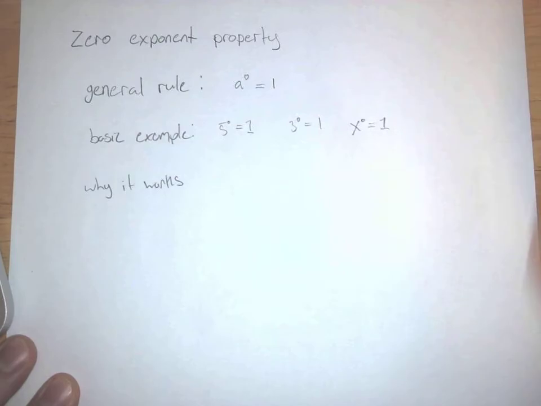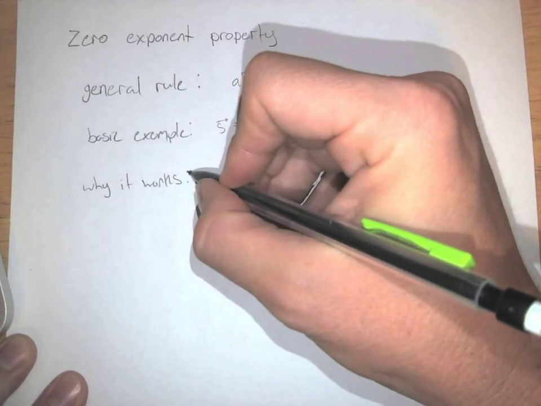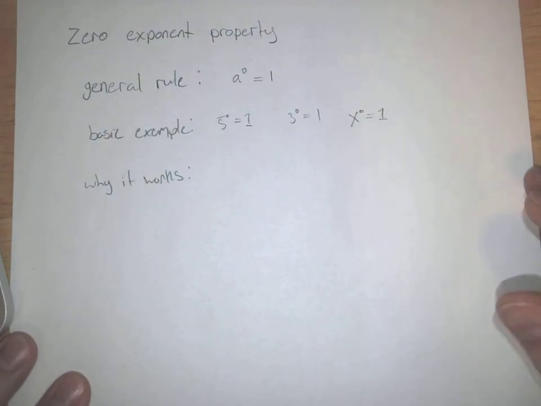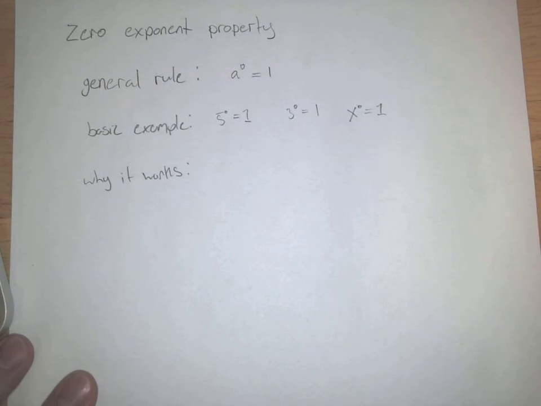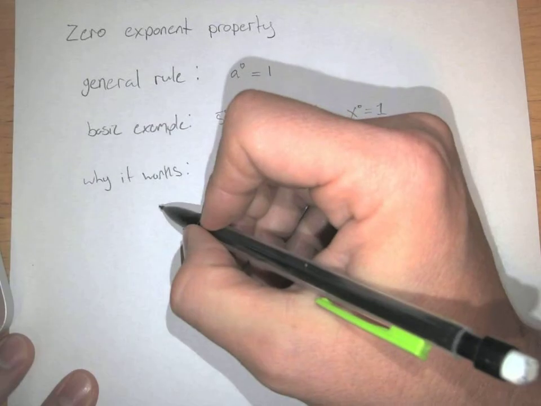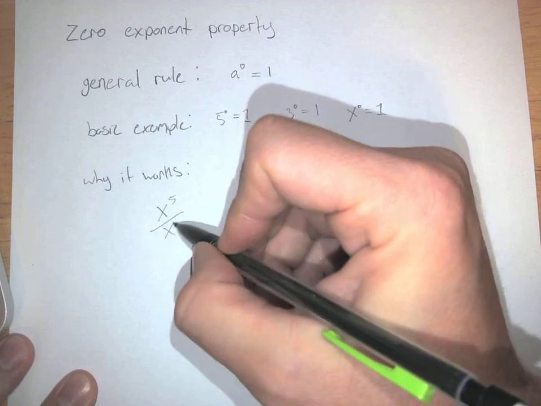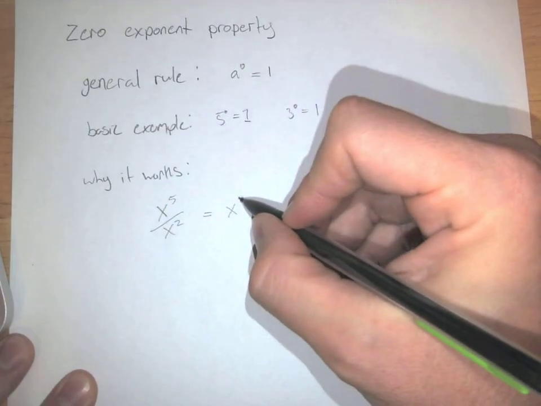And this is going to go back to the quotient rule that you just learned about in the previous video. When you have two things that are the same base raised to a power, you subtract the exponents. So if I had x to the 5th over x squared, based on the last video, you would get x to the 3rd, right?